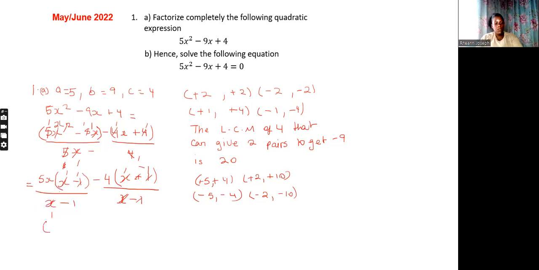So our groupings would be 5x minus 4, right? And our divider, which is what we use, x minus 1. And I can write it the other way, it doesn't matter. Or 4, sorry.